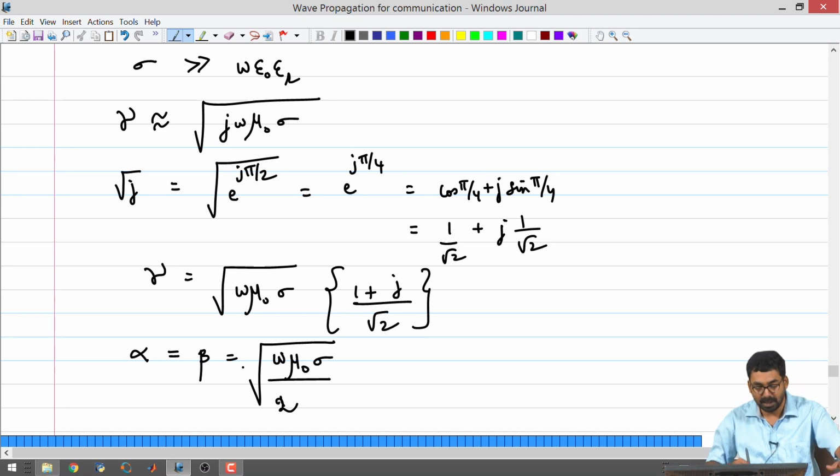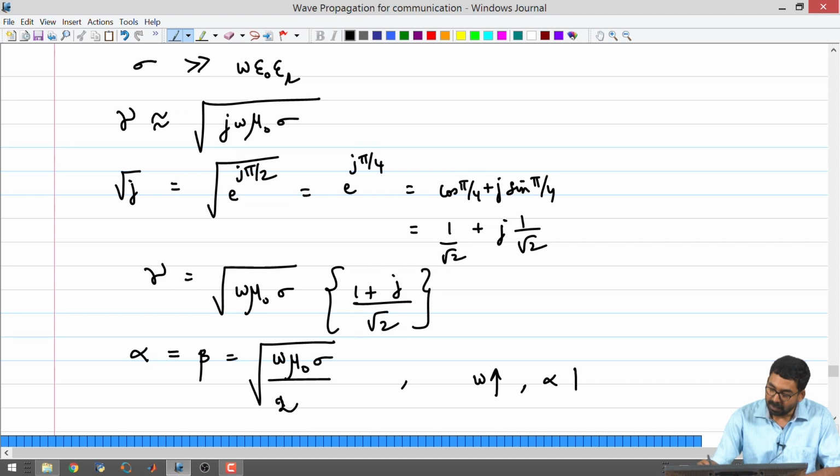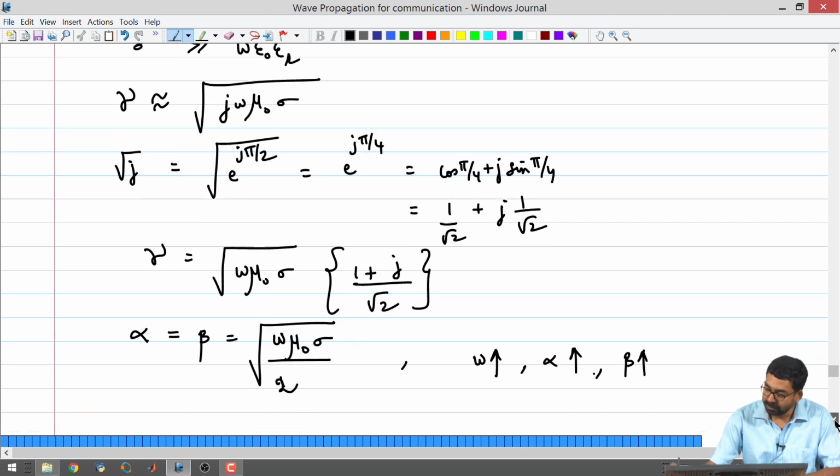In general, for non-magnetic media where conduction current density is much higher than displacement current density, or the material is almost a good conductor, if omega is high, it will have high attenuation and high phase constant.